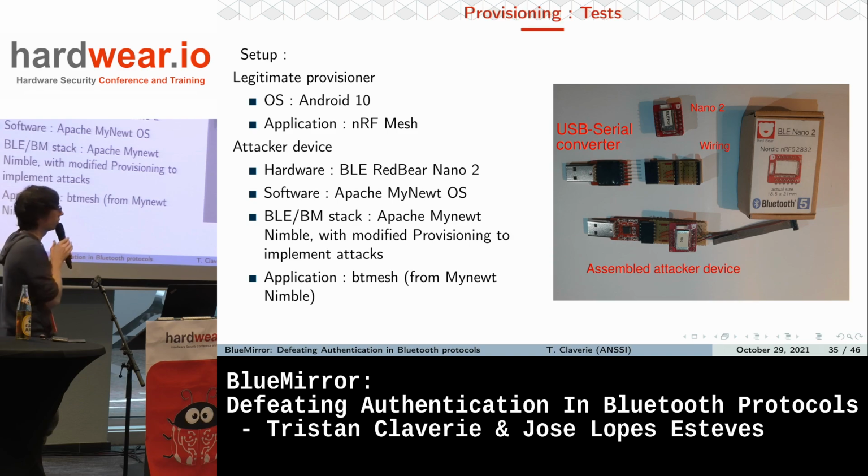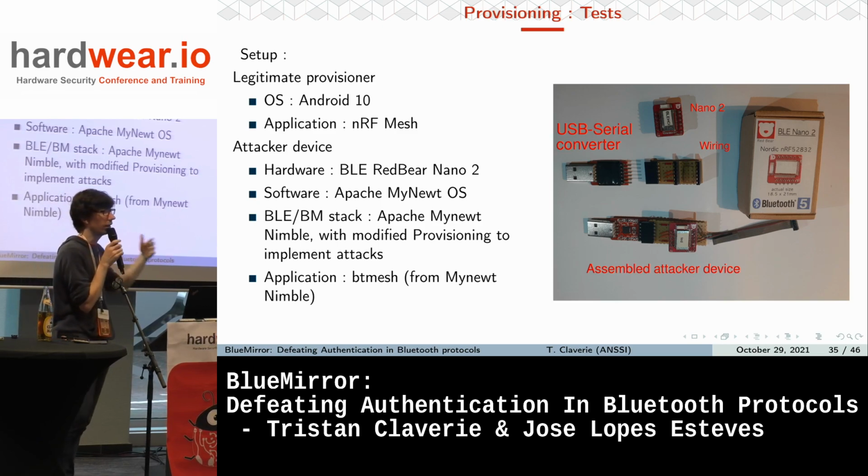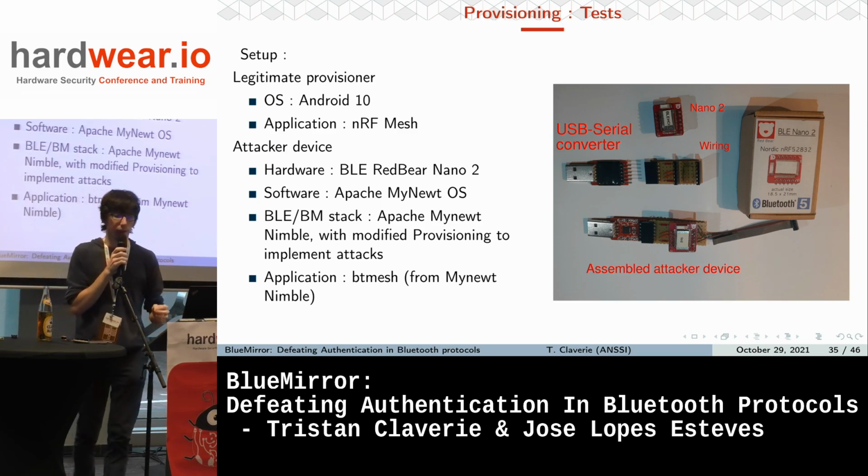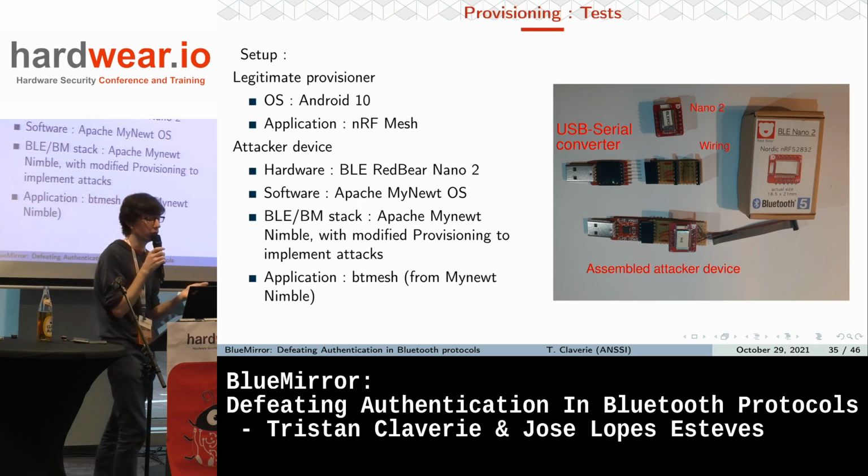To test that, we used a legitimate provisioner, which is an Android phone with the nRF Mesh application. And as the attacker device, we used the RedBear BLE Nano 2.